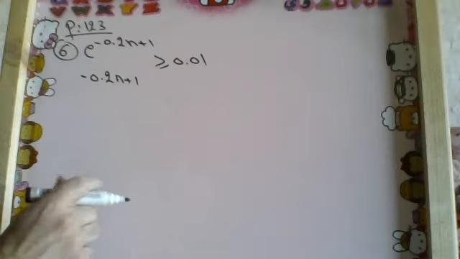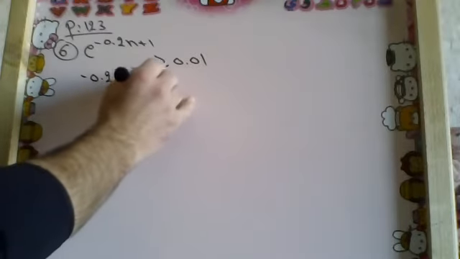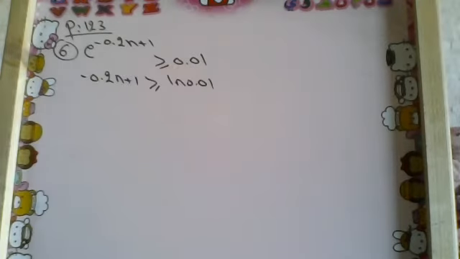Inequality. Apply ln. So negative 0.2n plus 1 is greater than or equal to ln 0.01. Move the 1 to the right side.